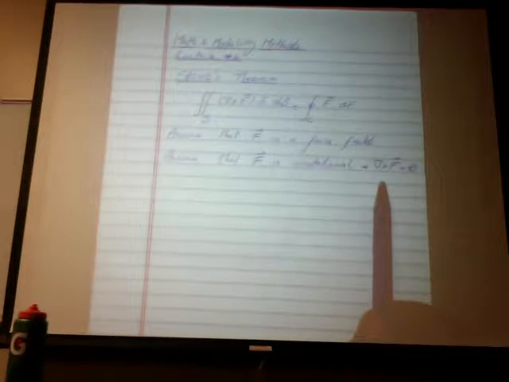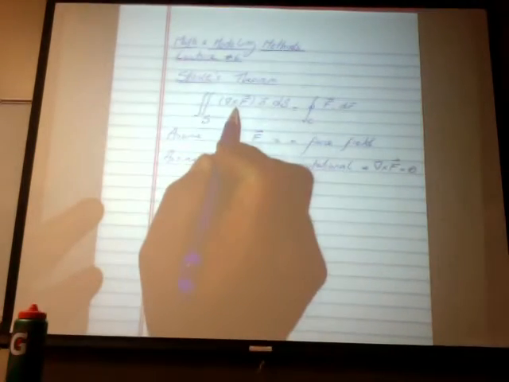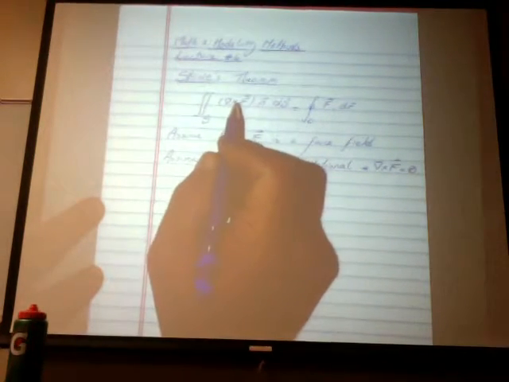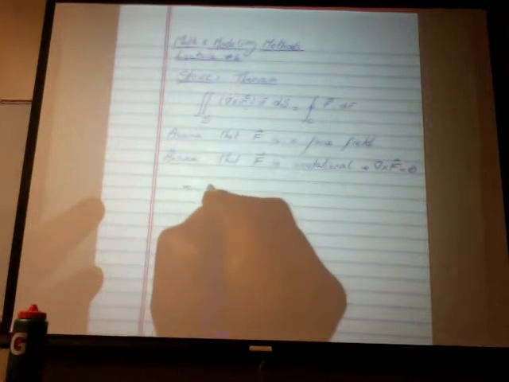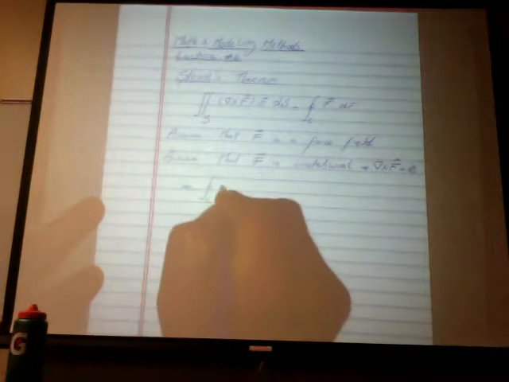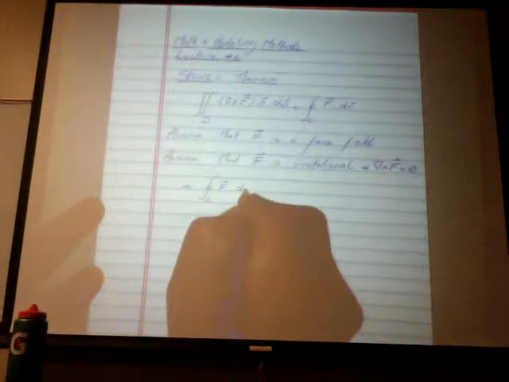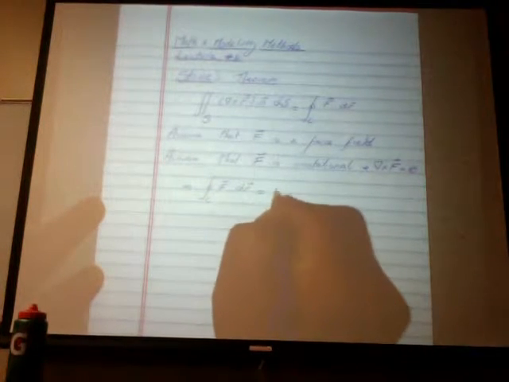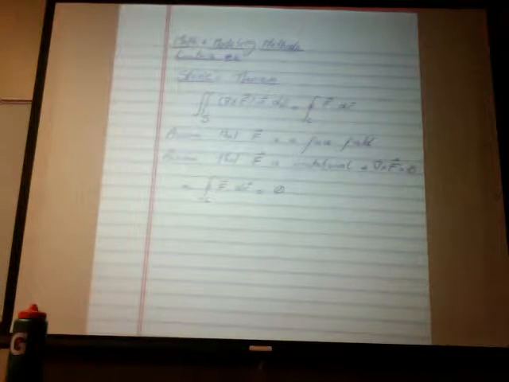So, if we have a force field that happens to be irrotational, whatever that force field is, by the way, it can be a magnetic field, it can be an electric field, anything that exerts a force over anything else, it can be a gravitational field, and it happens to be irrotational, then if we look at the Stokes theorem, we find that the left-hand side integral is 0, and therefore the conclusion is that the closed-loop integral of F dot dr is equal to 0. That is a consequence.